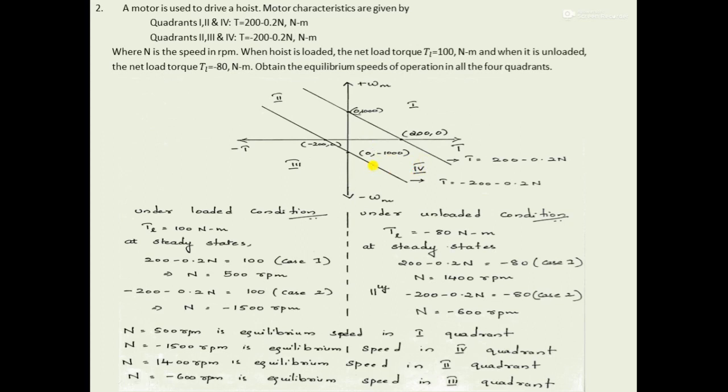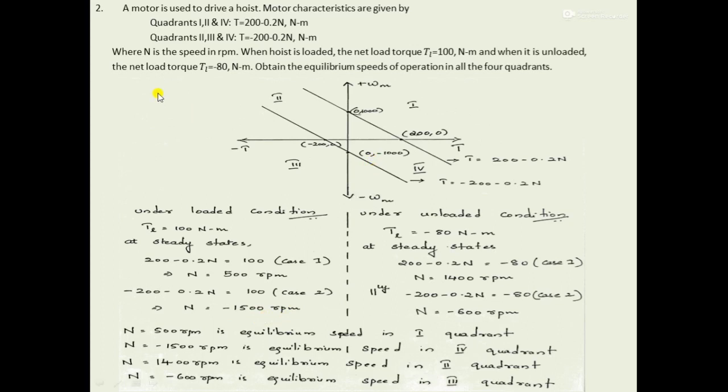So you can obtain the equilibrium speed corresponding to this point by equating minus 200 minus 0.2n with the load torque, that is 100 Newton meter. That is also done here, and we have obtained the speed as minus 1500 rpm. That is the equilibrium speed in the fourth quadrant of operation.